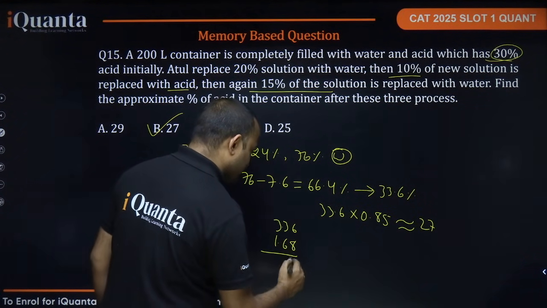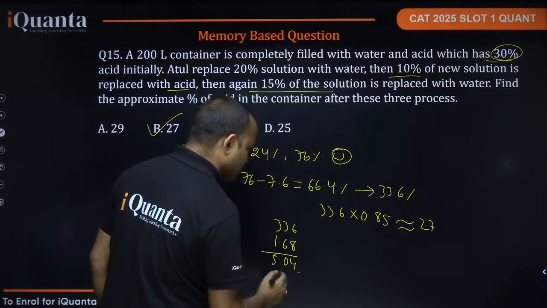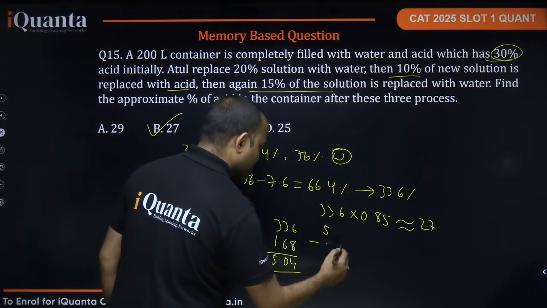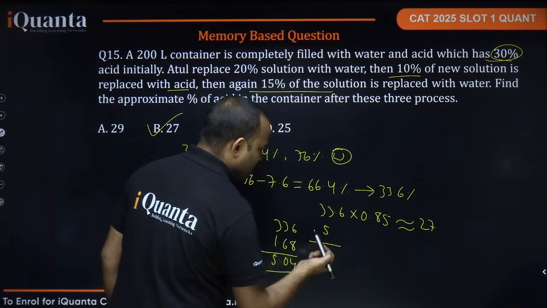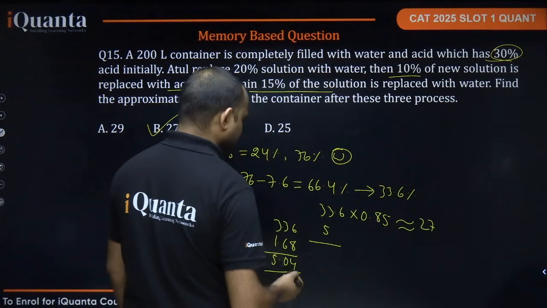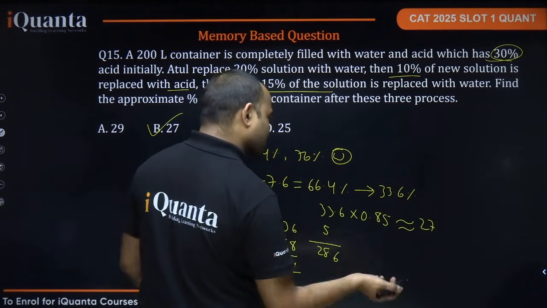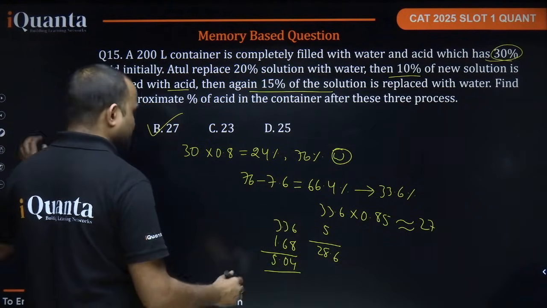So this will be 5.04. If you subtract 5, you are getting 28.6.